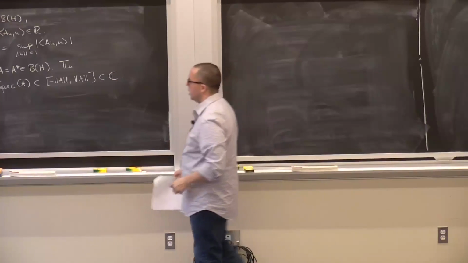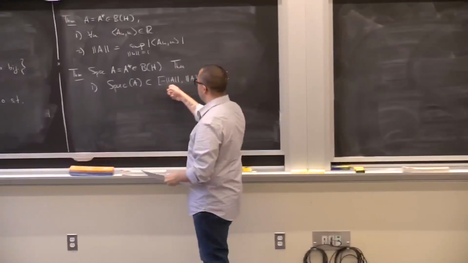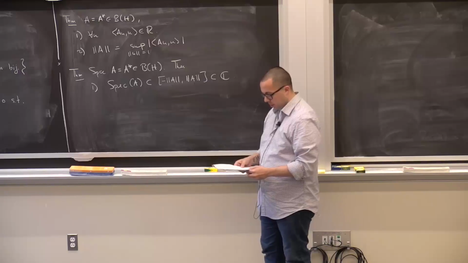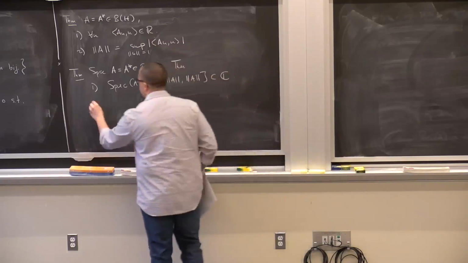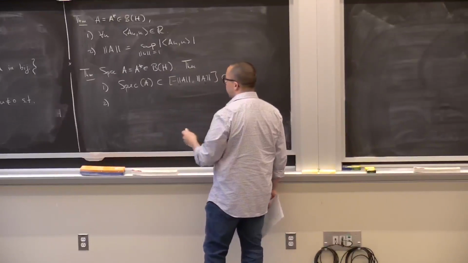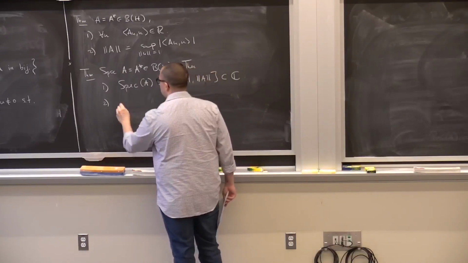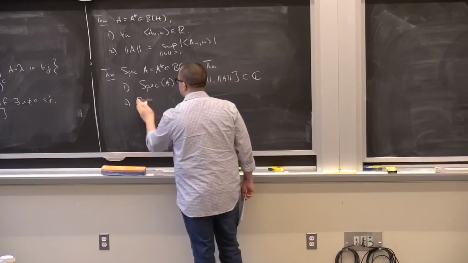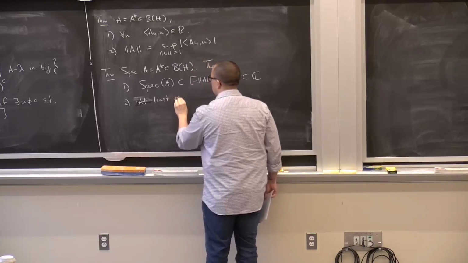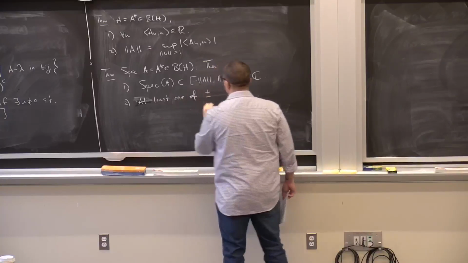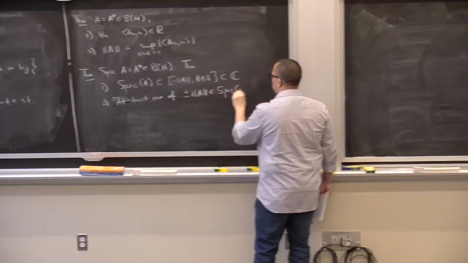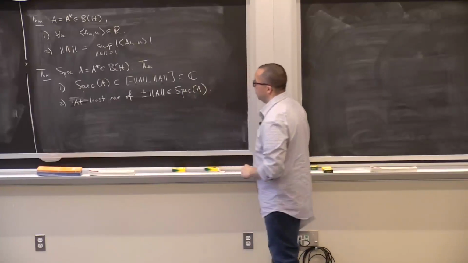So just the line segment from minus norm A to norm A as a subset of the complex numbers. And the second is that one of these two endpoints has to be in the spectrum. Maybe both, but at least one. At least one of plus or minus norm A is in the spectrum of A.